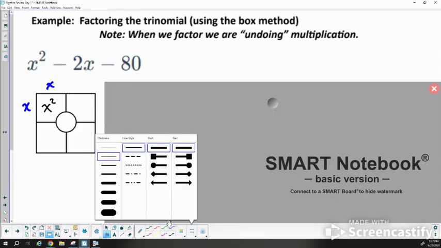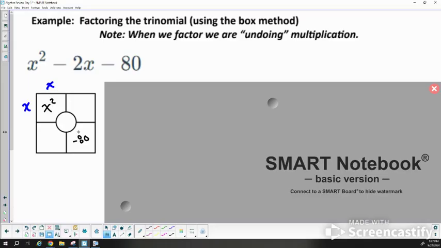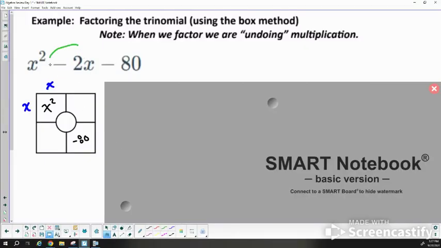Well, to start, we're going to put the x squared in the first box, negative 80 in this box, and then I like to take the middle term. Sometimes I circle this because kids see that whatever that middle term is in your trinomial is always our goal.